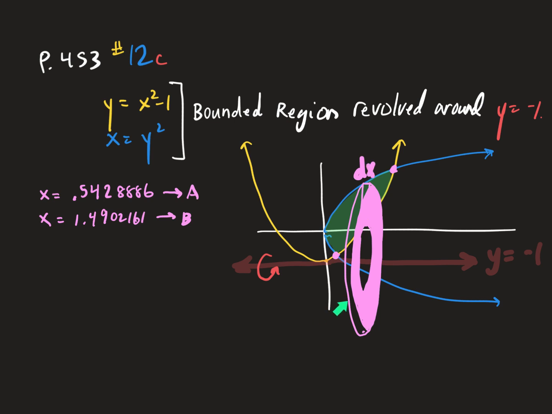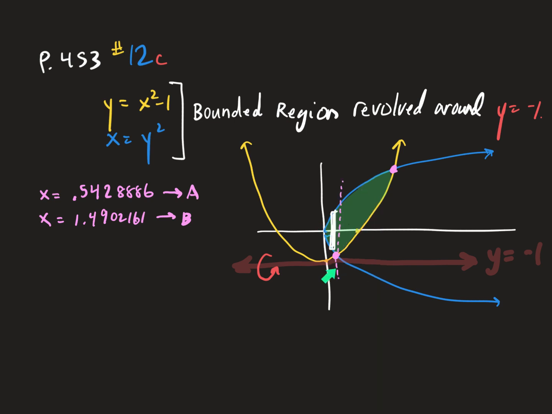All right, so we'll find the volume of this washer. That's a result of rotating that rectangle around this horizontal line. And then we'll accumulate the volumes of all those washers for all those representative rectangles that we could draw in there. However, the representative rectangles have different boundaries before this x value versus after the x value.